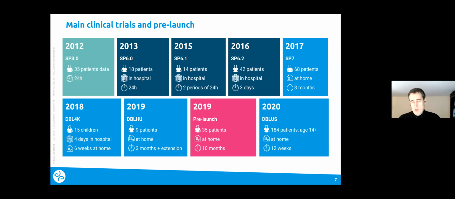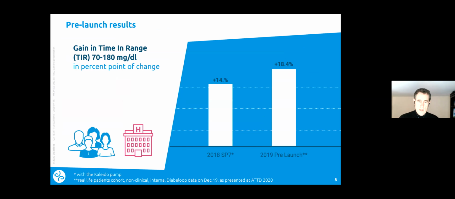Now, we've had multiple clinical trials, 250 odd people, maybe 300, can't remember, over the years. And that all shows a very significant time in range gain. So baseline is people with CGM and pump. Okay, so it's people that already have a CGM and a pump, but they're just trying to manage on their own. And a very realistic population. These are people that are not handpicked.